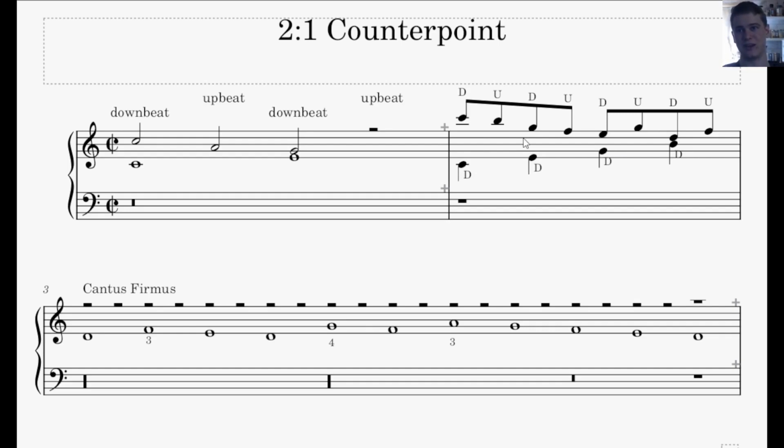Also, measures can have downbeats and upbeats. So if we had 4 measures and it was a song of, let's just say, 4/4, the first measure will be a stronger measure, and just like in our 4/4 time, our second measure is going to be a weaker one, and that also holds in 2/2 time.